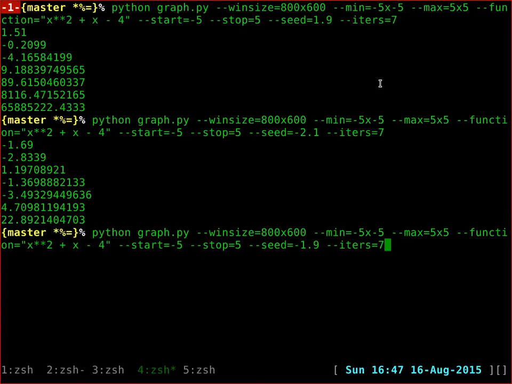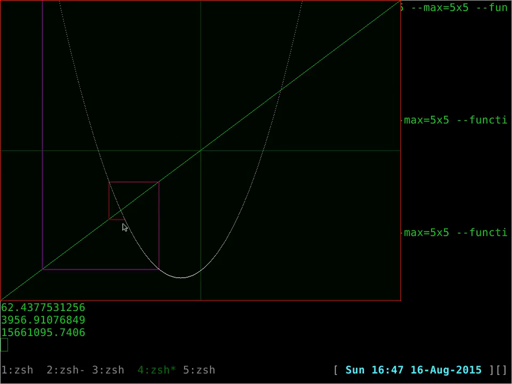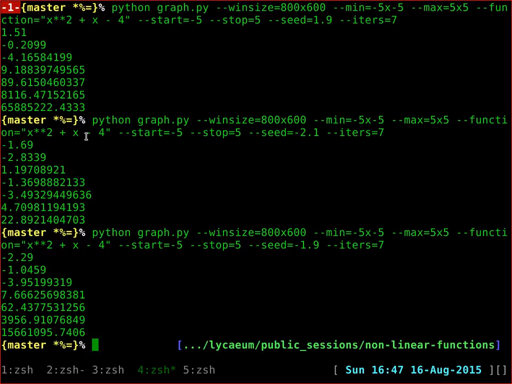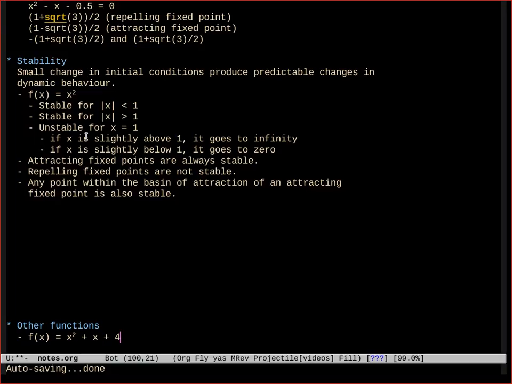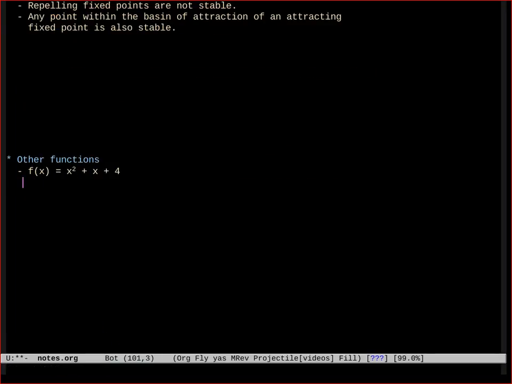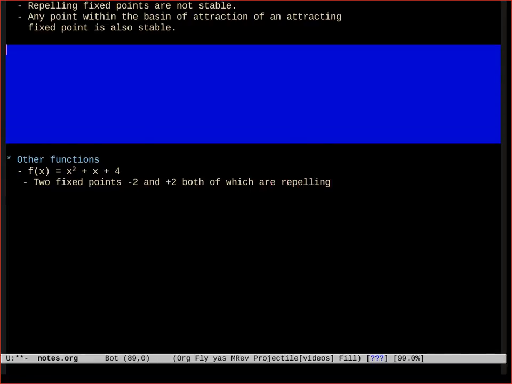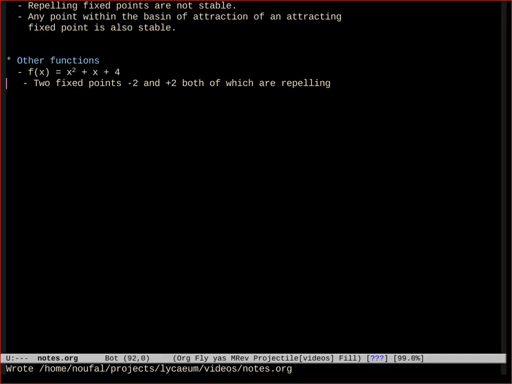Perhaps that will be some kind of thing. Nope. If you go slightly below, it goes this way and then goes up, comes down, goes up, and shoots down. So we have two fixed points, minus 2 and plus 2, both of which are repelling, which is the way this function works.